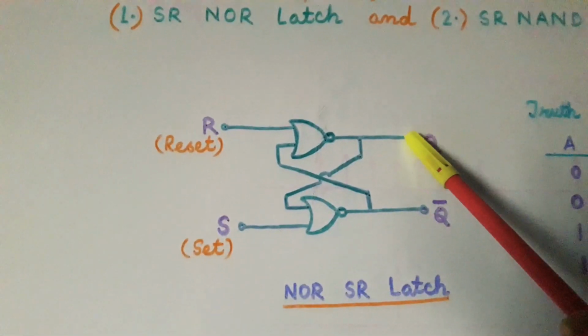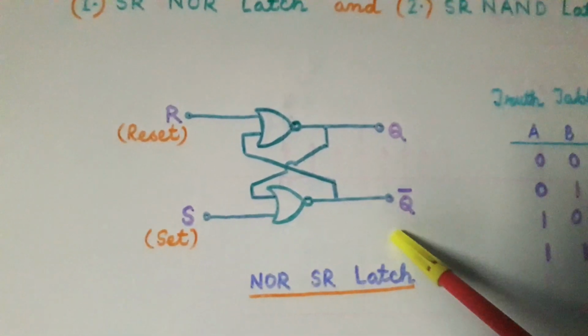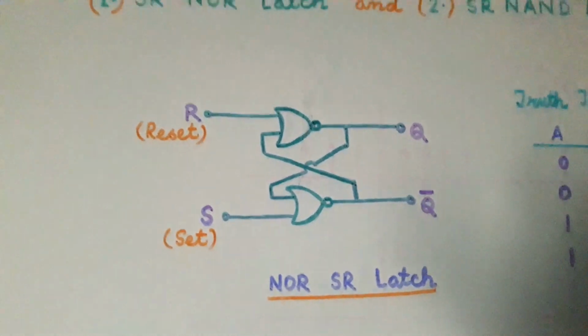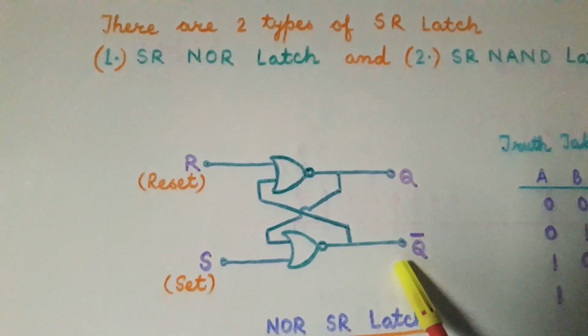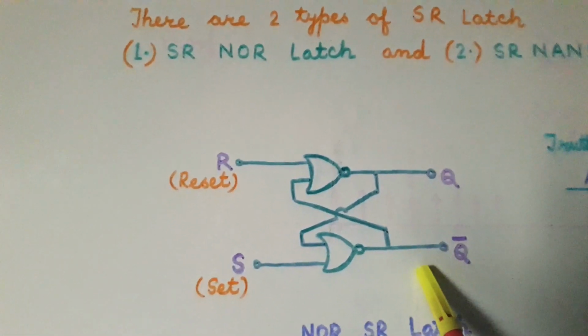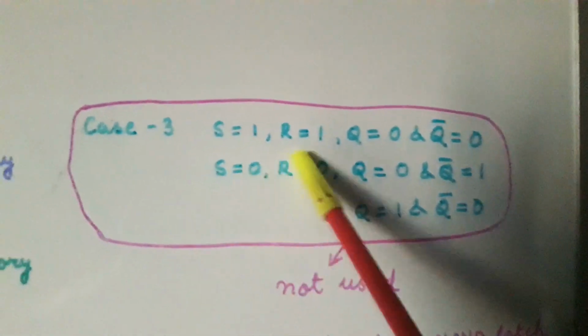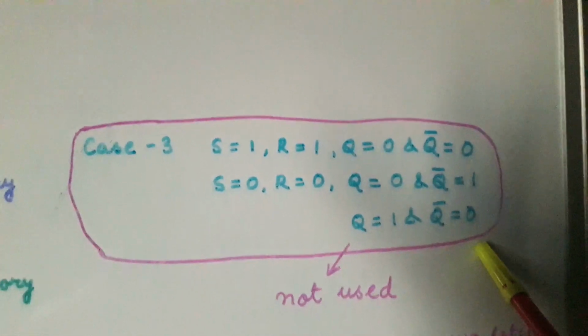Because in this case we have considered that Q is equal to 0. If we consider Q equal to 0, then 0 and 0 will give 1. Now if we consider the value of Q bar equal to 0, then in that case the value of Q will be equal to 1. So we find that even for the same input we are getting different outputs.